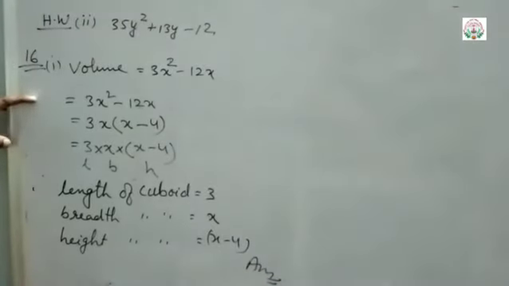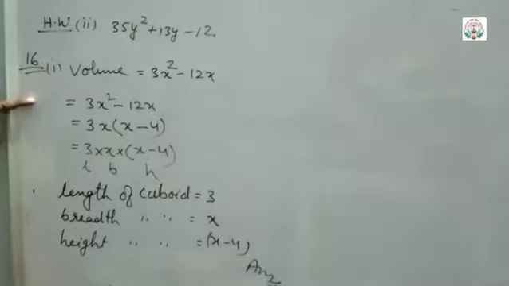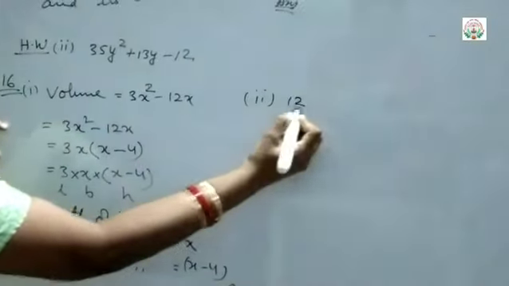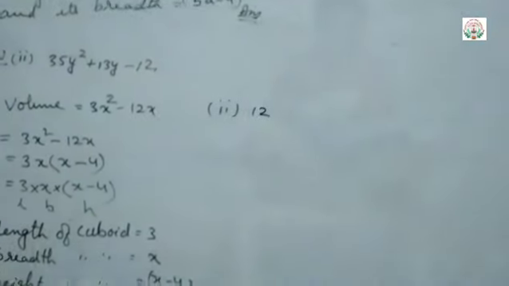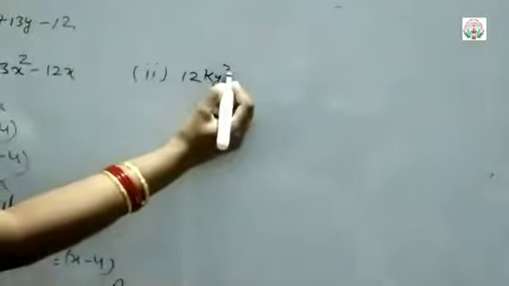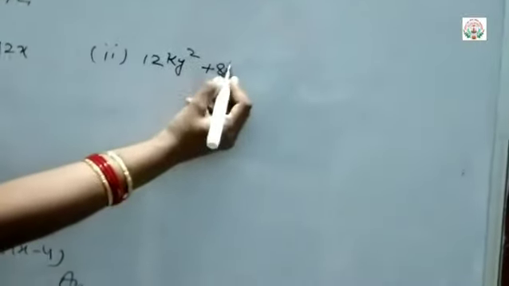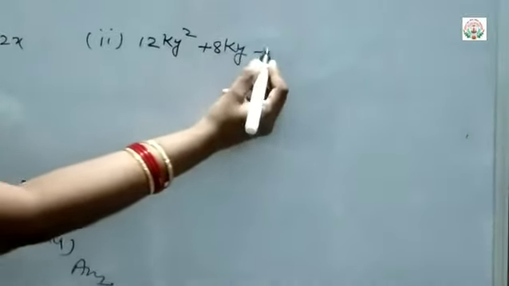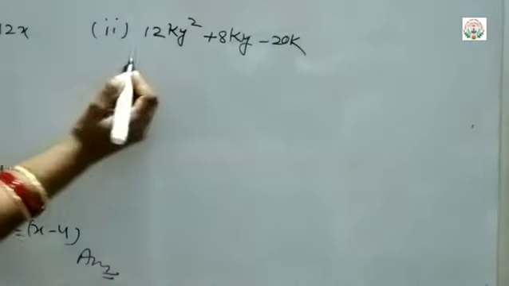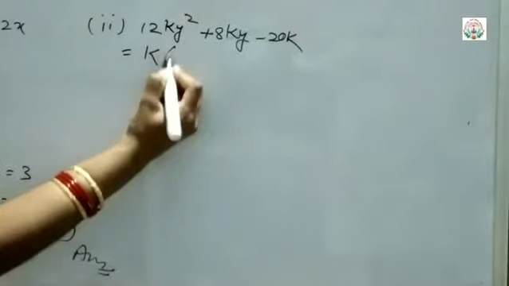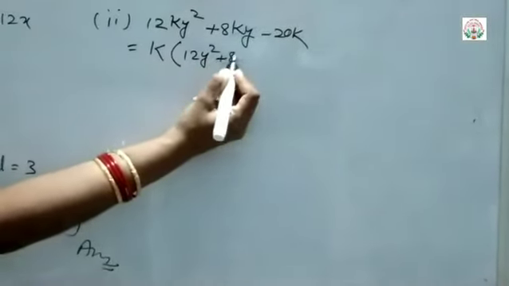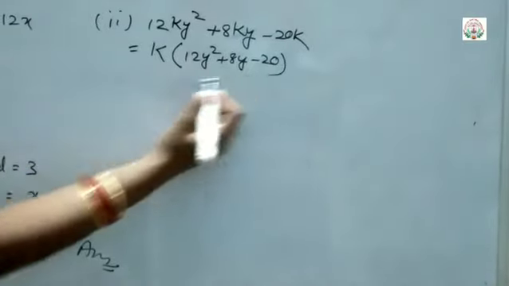Okay, same way the second part is given as what? That is 12ky square plus 8ky minus 20k. Everywhere you can see k is common, so take k common, and what is left out? 12y square plus 8y minus 20.